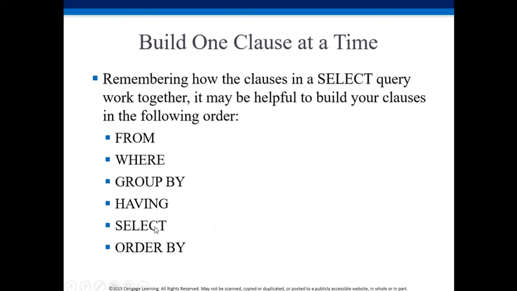Then, second to the last, si select. So select, ano ang information nga magwa, ang columns nga i-include mo sa output. And then lastly, ang order by. So paano mo gina-order?